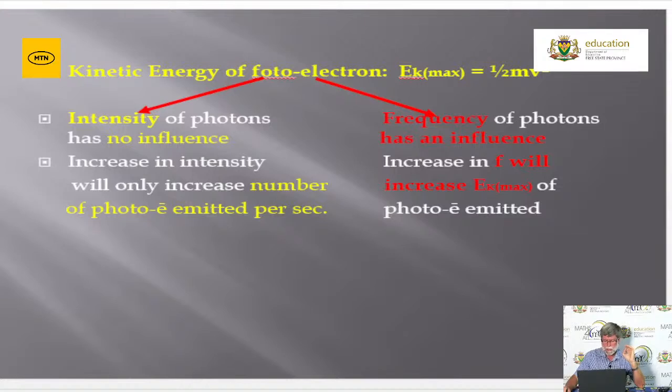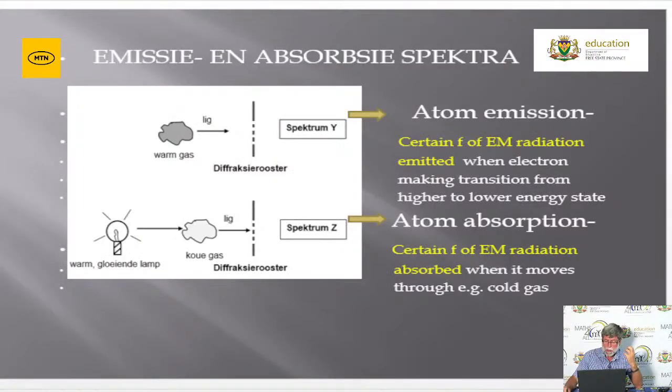And then, lastly, there are two kinds of spectrums. Emission spectrum: when you put a gas, hydrogen gas, under a big voltage and you give energy to the gas, it emits photons.